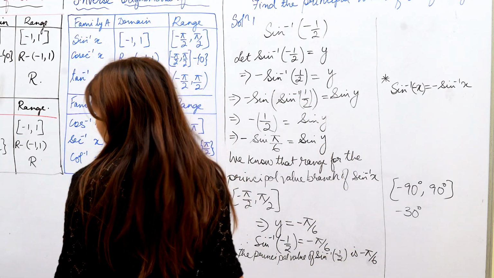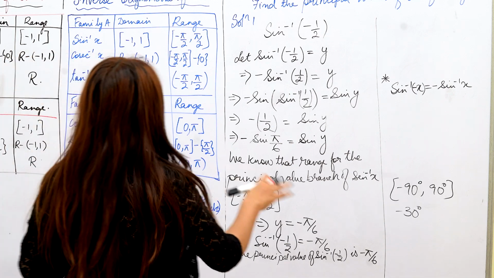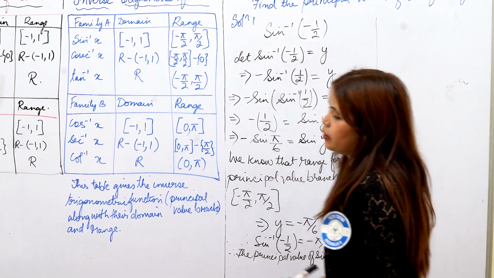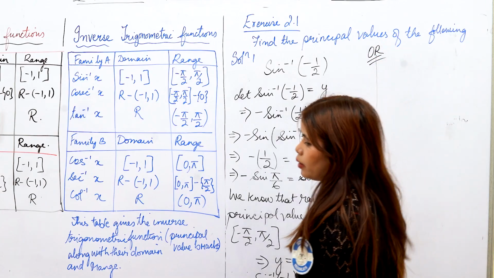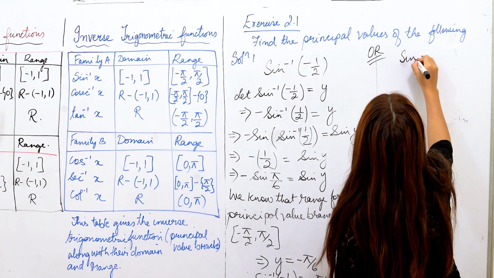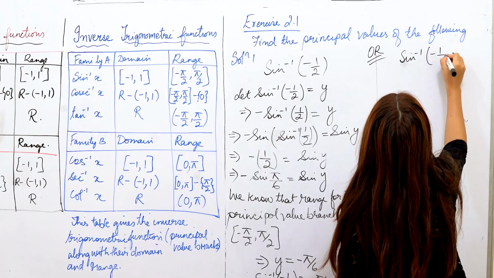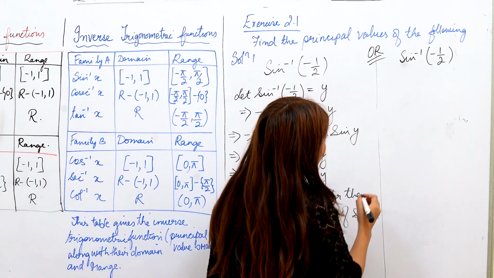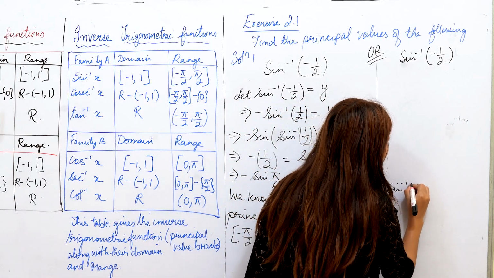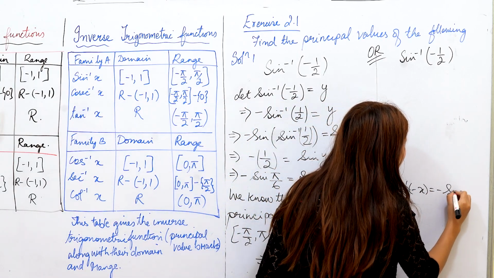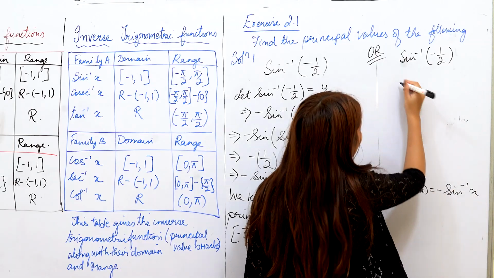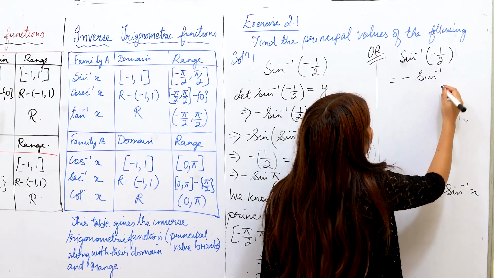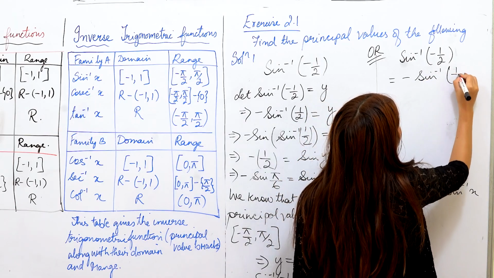You can also find the principal value directly. For sine inverse of minus 1 by 2, apply the formula sine inverse of minus x equals minus sine inverse x, so it equals minus sine inverse of 1 by 2.